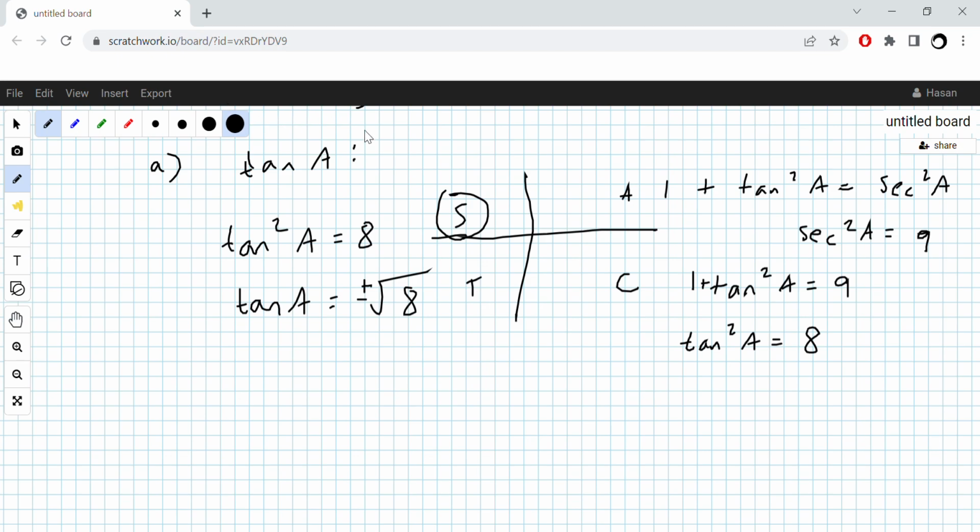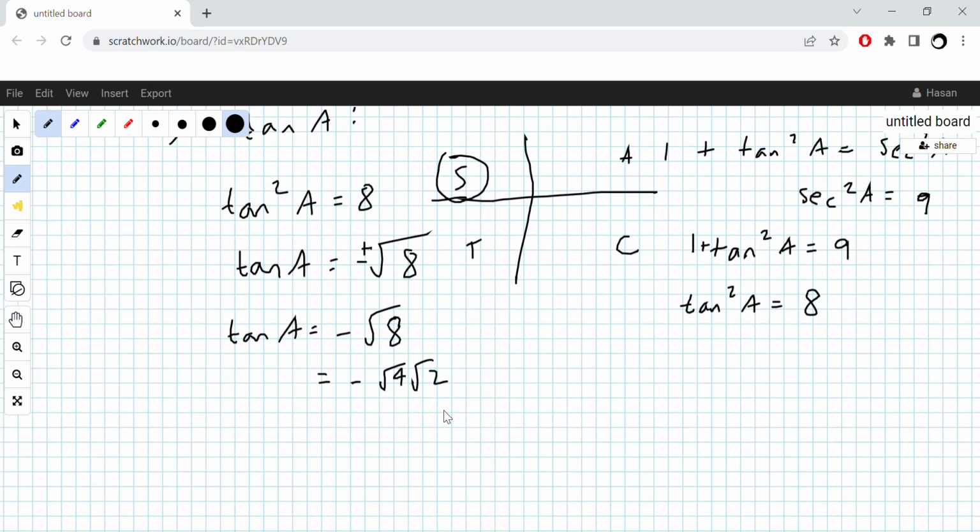So therefore it should be tan A equals minus root 8, which is the same as minus root 4 times root 2, which is then the same as minus 2 root 2.